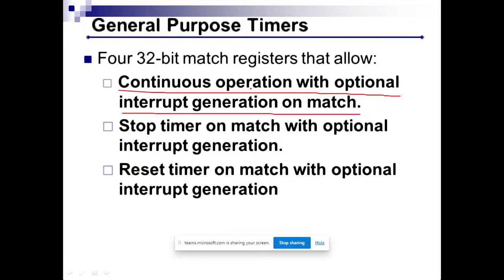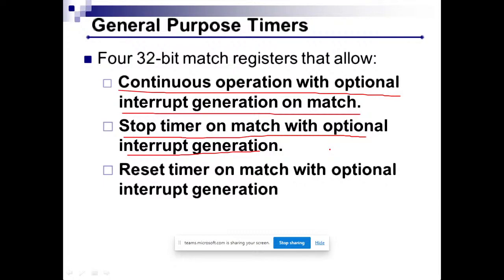Then another option: whenever the value reaches the reference register value, that is the match register value, it will automatically stop the timer. At that time you have an option to generate the interrupt. So optionally you can generate the interrupt when the timer reaches the match register value, but once the match occurs, it will stop the timer there.